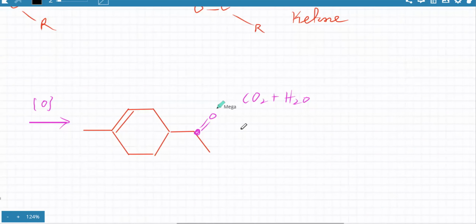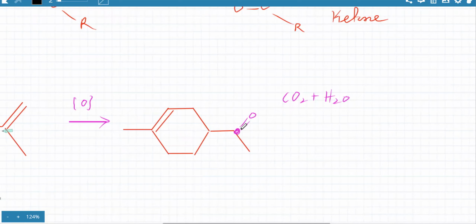Then this one, you're going to break this double bond. Let's do the working on the molecule. So you're going to break this double bond, and once you've broken this double bond, what would this carbon atom change into?